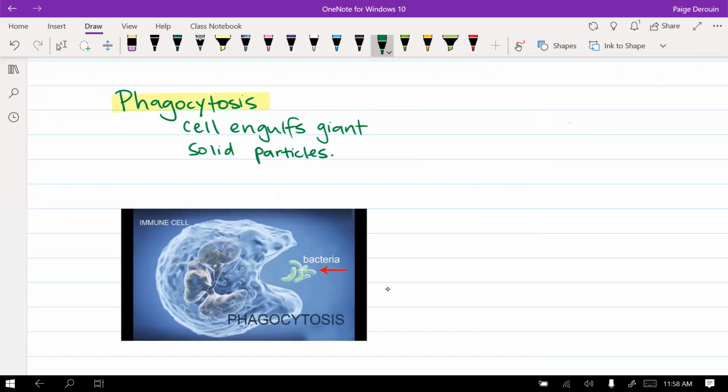Now, here's why we care about phagocytosis, is that your immune system actually has cells that are called phagocytes, which means it's their only job to go around and eat stuff. And what they're eating is bacteria. So there's a picture of one. That's what it looks like.